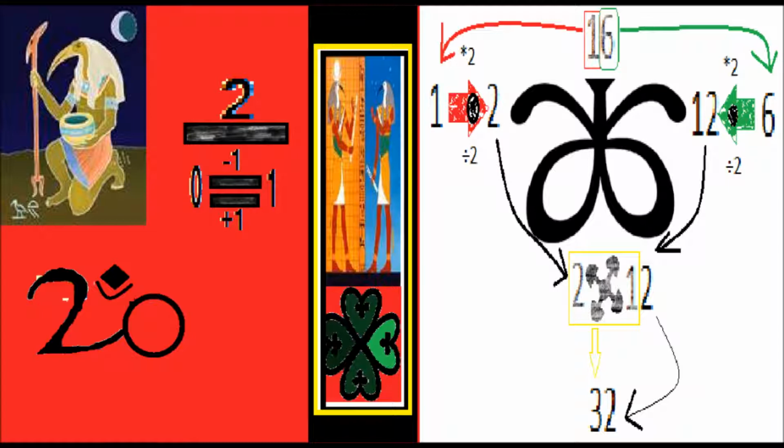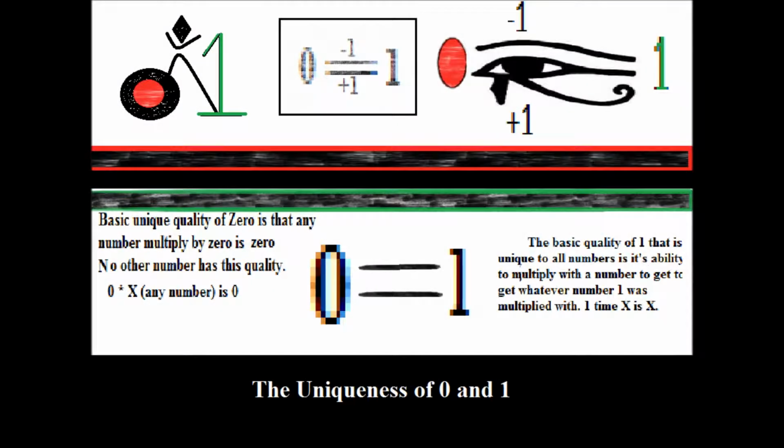Now let's look at the qualities of 0 and 1 so we get a better understanding of 2's position. Most people know that 0 multiplied by any number, however small or large, is 0. This means multiplying any number with 0 will bring that number out of its own relative difference and into the origin, which is 0.